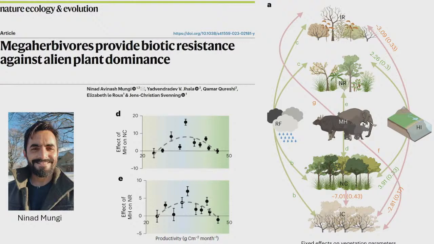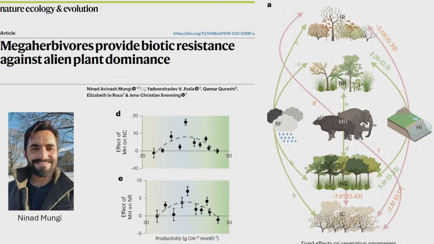And that positive relationship on native plant species from mega herbivores was most pronounced in the intermediate rainfall, intermediate productivity regions. But then also what we found is that the presence of mega herbivores had a negative impact on the alien plant cover, but it had no relationship with alien plant richness.